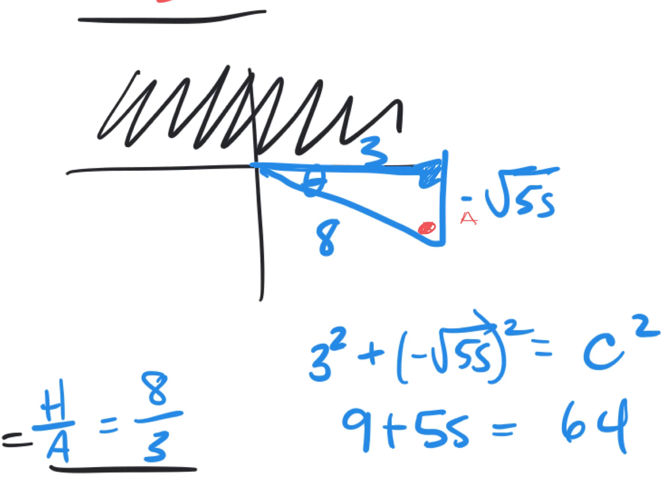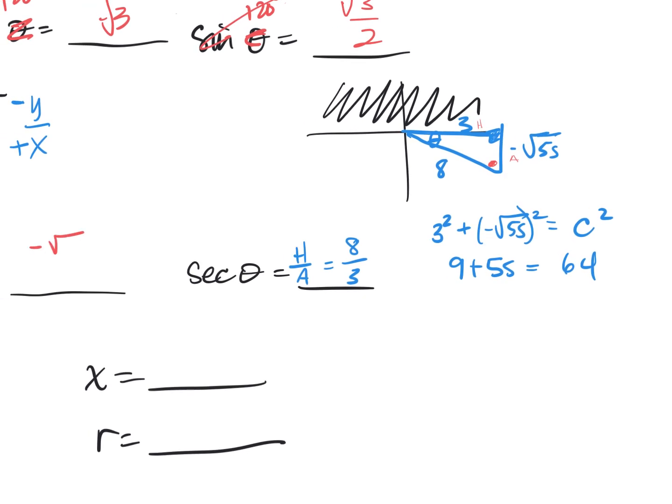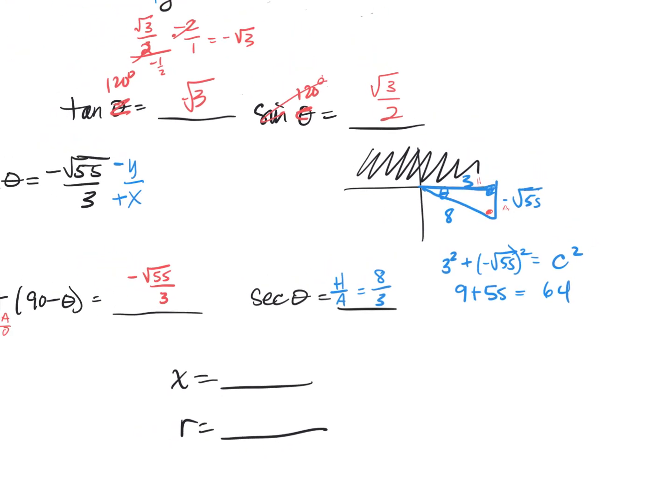This one. What side's opposite this one? This, right? And then you just build the ratio. So this becomes negative square root of 55 over 3. So all it's asking you to do is just change the angle from which you're addressing adjacent and opposite. Does that make sense?